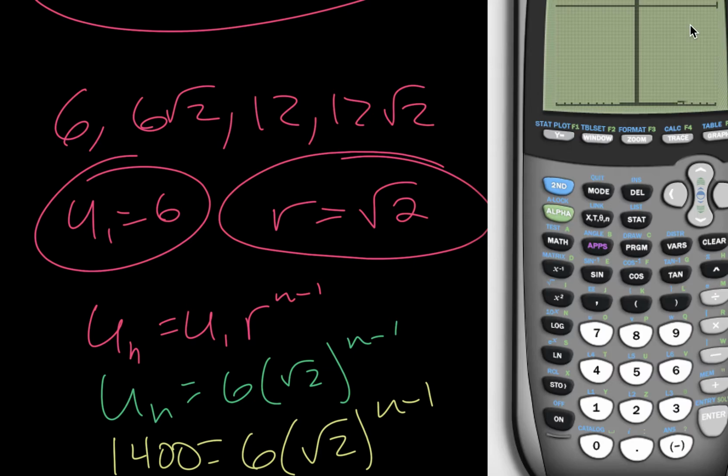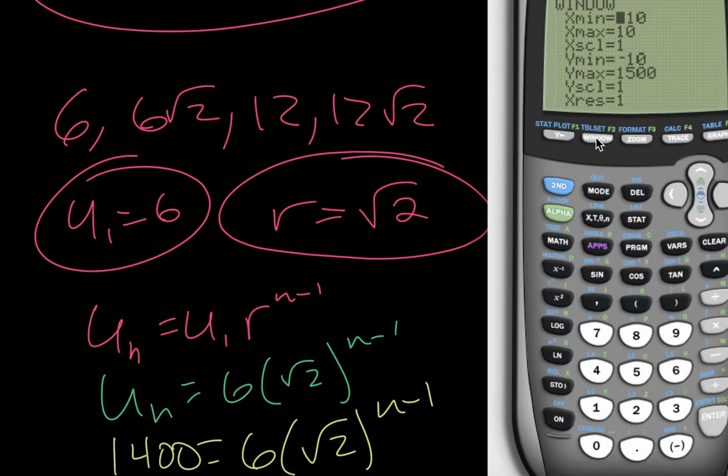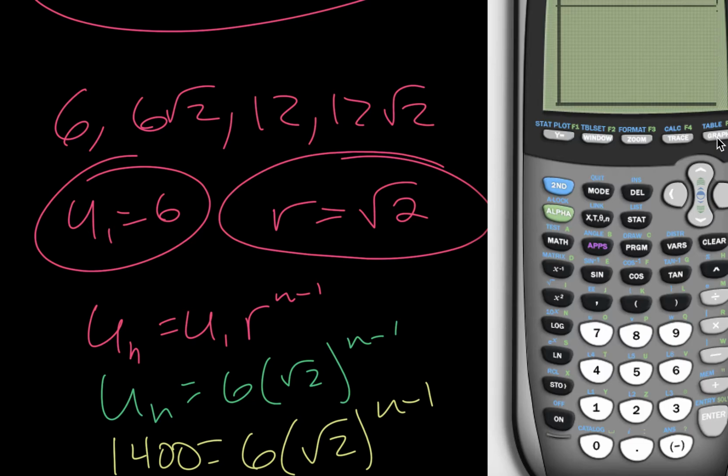We see that right here we need to go out further as well. So once again, go to the window. This time our x max needs to be more, so let's just try 1000 to see if it's on there. We may have to change it again, but it's just kind of a guess and check thing.